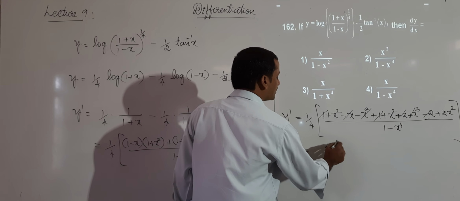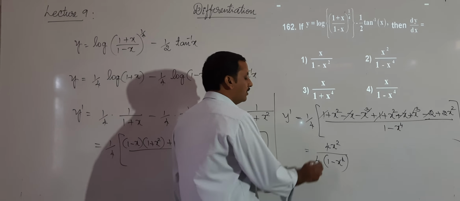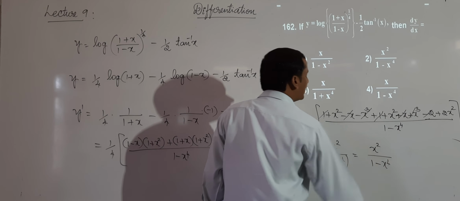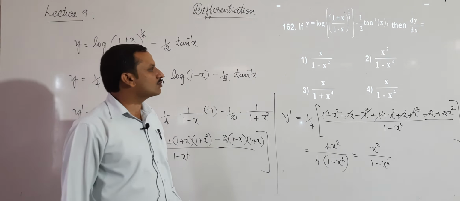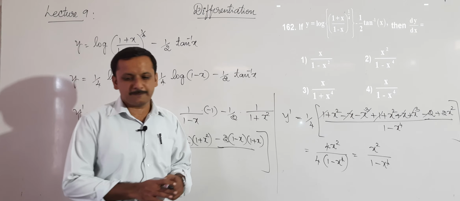So 4x square by 4 into 1 minus x power 4. 4 gets cancelled. We will have x square by 1 minus x power 4. y dash is x square by 1 minus x power 4, which is the second option.